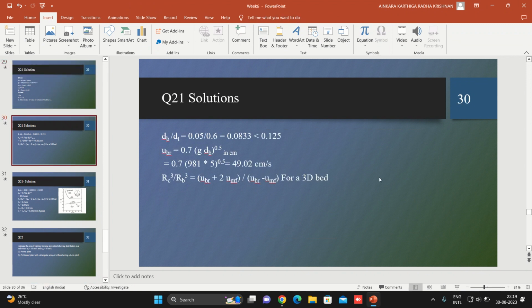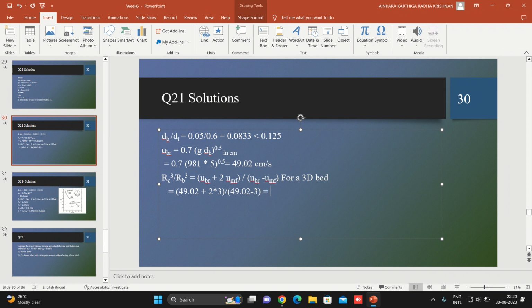Since we are using everything in centimeters, we'll continue with that. So this is equal to UBR, 49.02, plus 2 into 3, divided by UBR minus UMF, 49.02 minus 3.